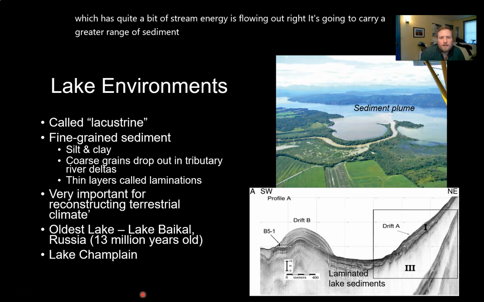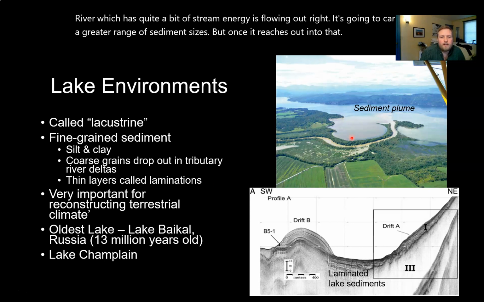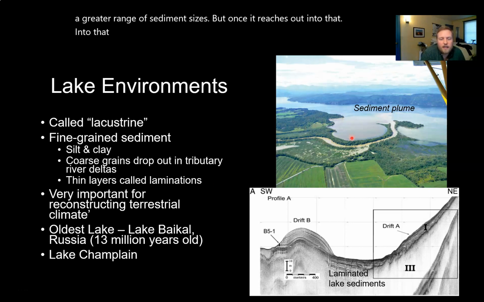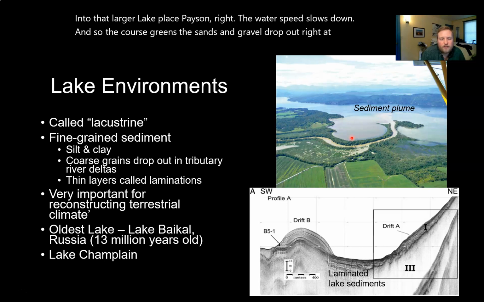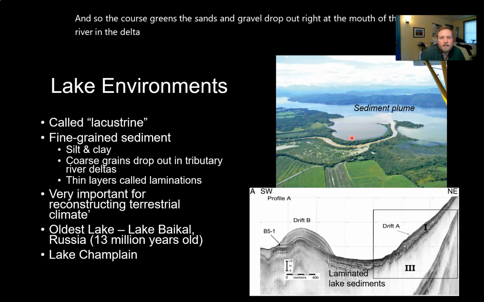But once it reaches out into that larger lake basin, the water speed slows down, and so the coarse grains, the sands and gravel, drop out right at the mouth of the river in the delta, but the silt and clay stay in suspension and float out into the lake.